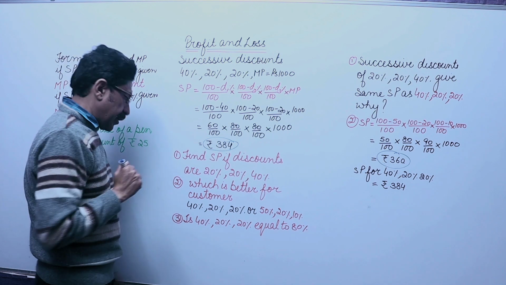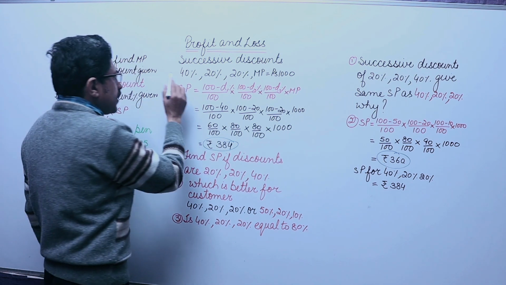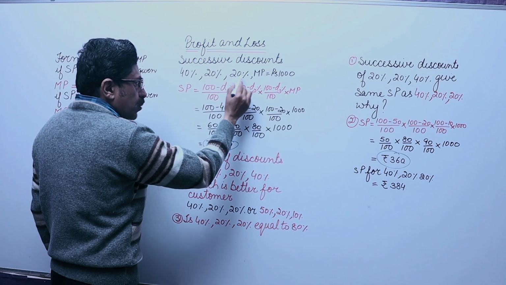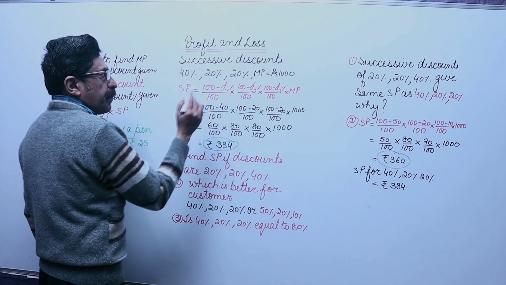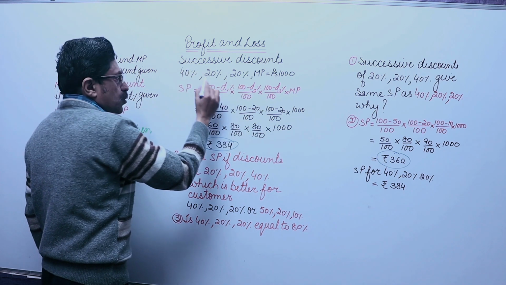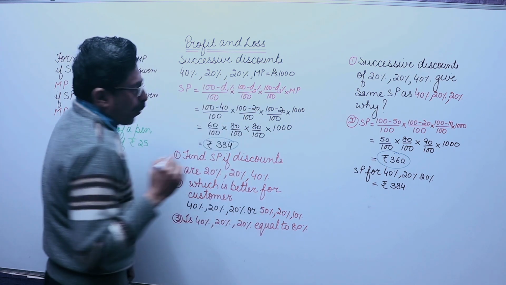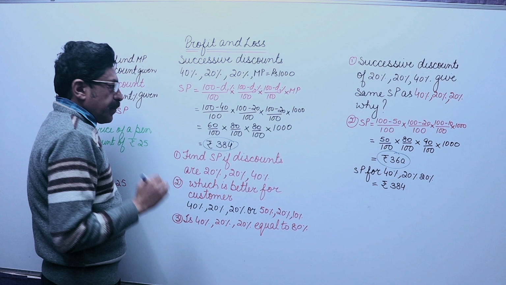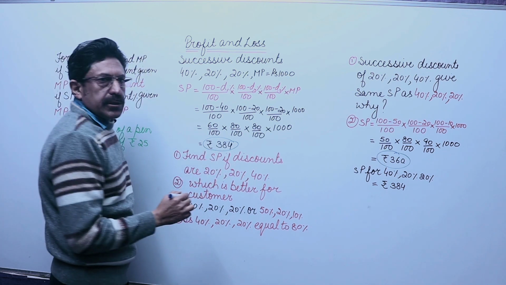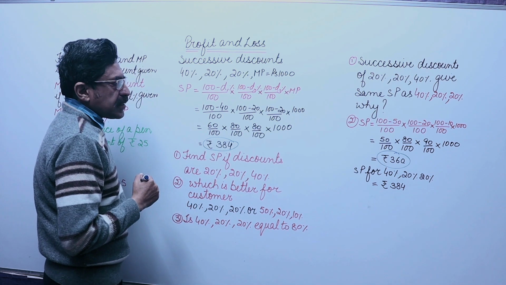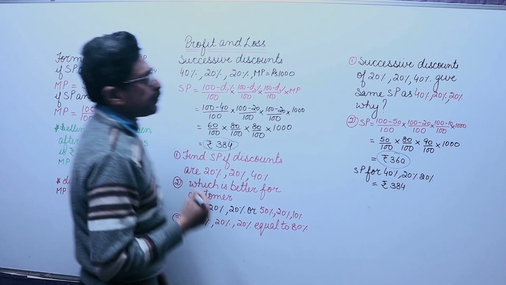And the most important, are these 3 successive discounts equal to their sum, that is 40 plus 20 plus 20, that is 80? Now pause the video for some time and please solve these 3 questions. And for answers, keep watching the video.